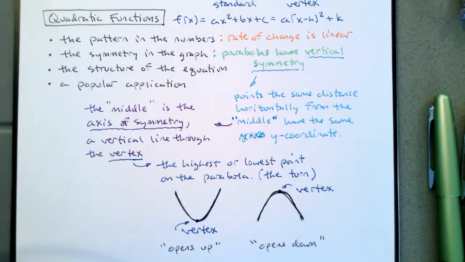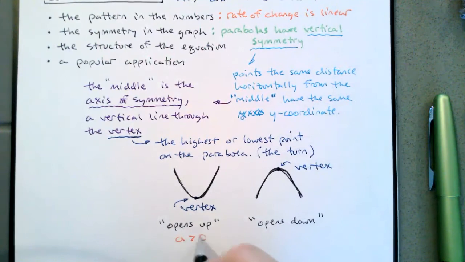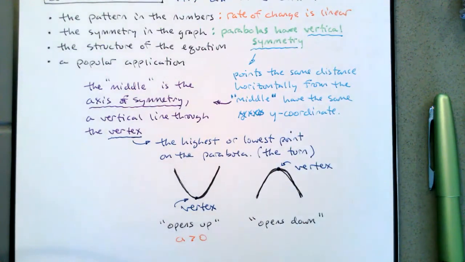So one way we can connect the graph to the equation is that we can determine whether a parabola opens up or opens down based on the sign of the leading coefficient, a. If a is positive, then we have a parabola that opens up. And if a is negative, then the parabola opens down.